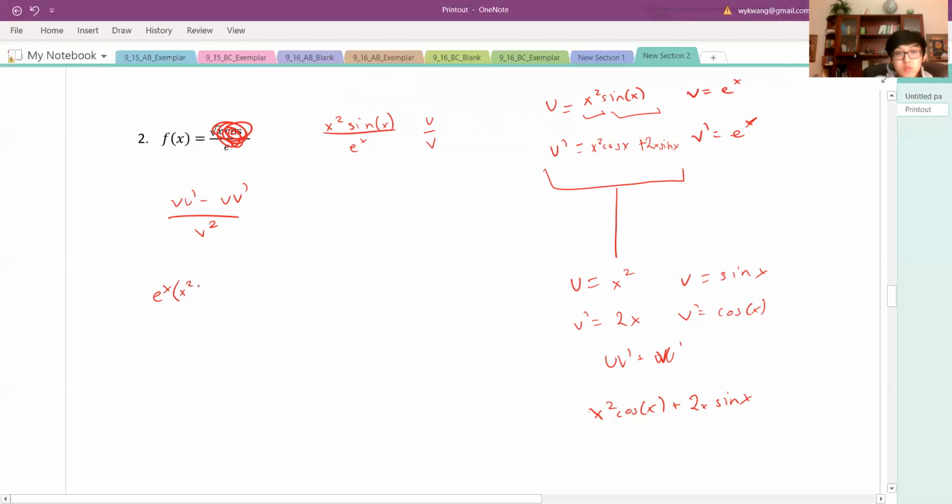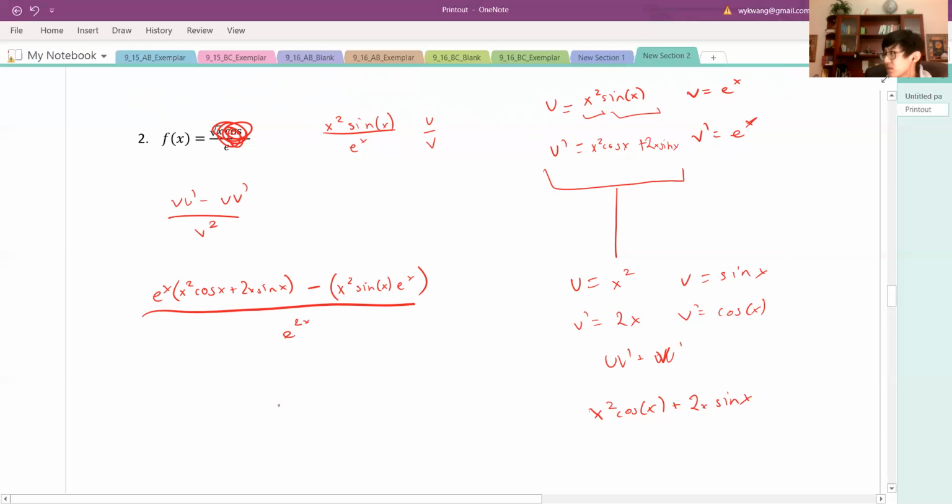That's annoying to write. x squared cosine of x plus 2x sine of x, right? Minus u v prime. So it'd be x squared sine of x times e to the x all over v squared. V squared is e to the x squared. It should just be e to the 2x.